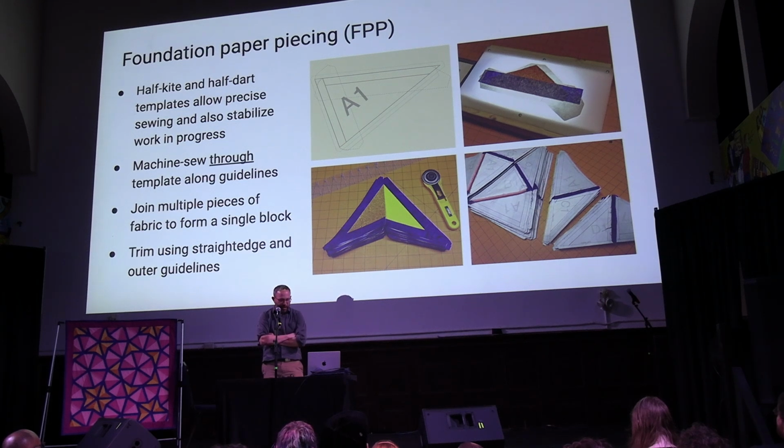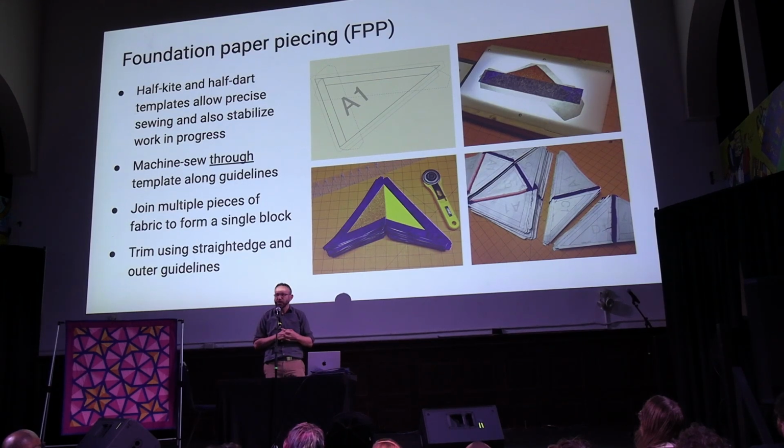We have this half kite and half dart template. So you can see over in that A1, that is a template that basically shows me a one-to-one scale way for cutting and sewing these things together. I used a process called foundation paper piecing, which is a way of doing quilting that lets you put together fabric very precisely, so you don't actually need to measure a triangle directly on the fabric.